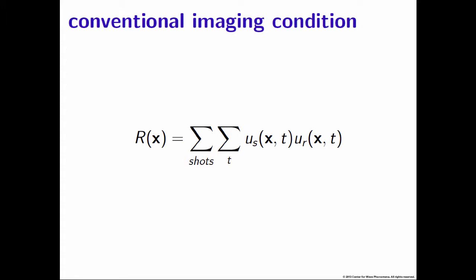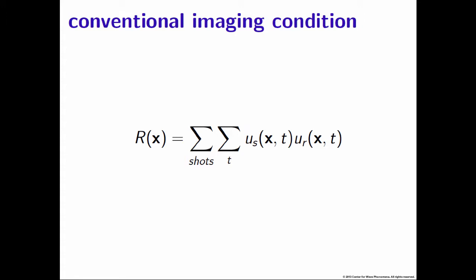During the conventional imaging condition, we correlate the source wavefield and the receiver wavefield. The source wavefield is normally assumed to be a preferentially downgoing wavefield, and the receiver wavefield is normally assumed to be a preferentially upgoing wavefield. When we correlate these two wavefields, we obtain an estimation of the reflectivity.